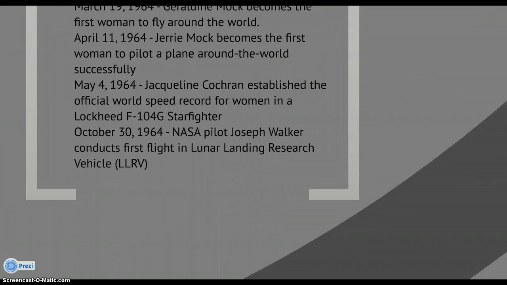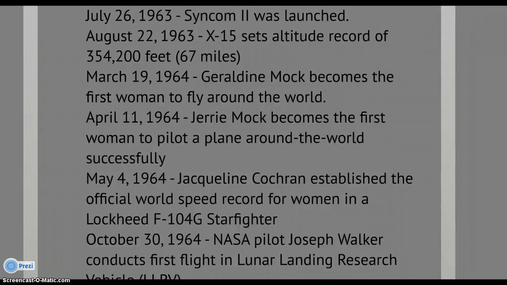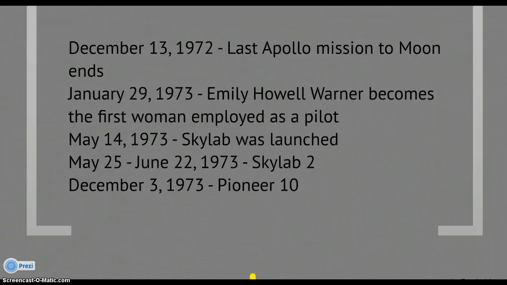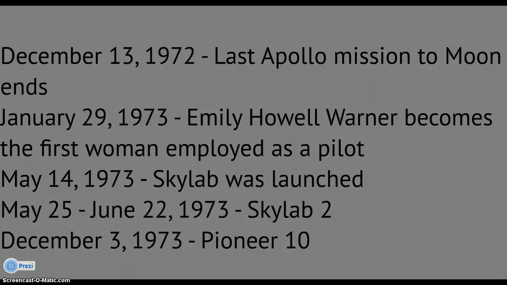As we move into the 1970s, we notice that a crucial date is December 3rd, 1973, when Pioneer 10 made the first flyby past Jupiter.